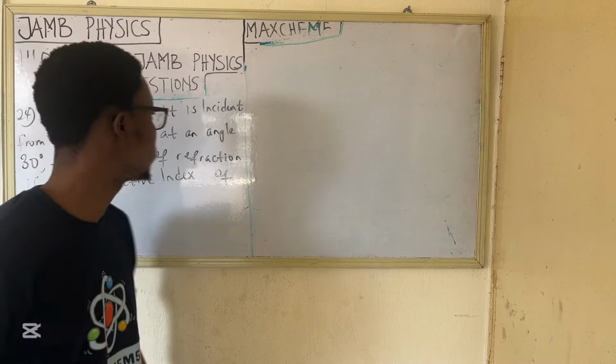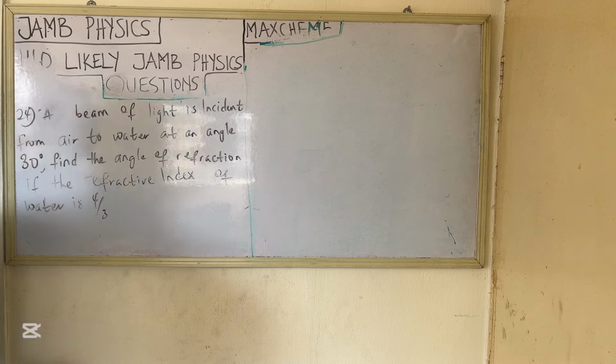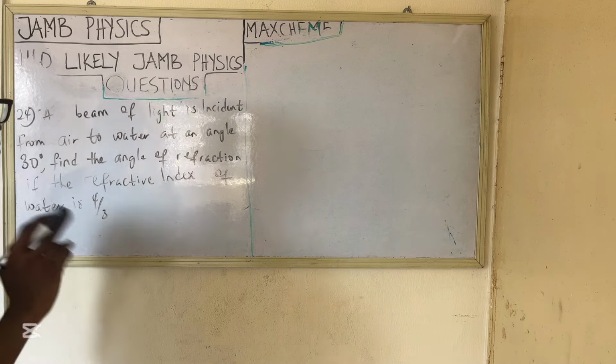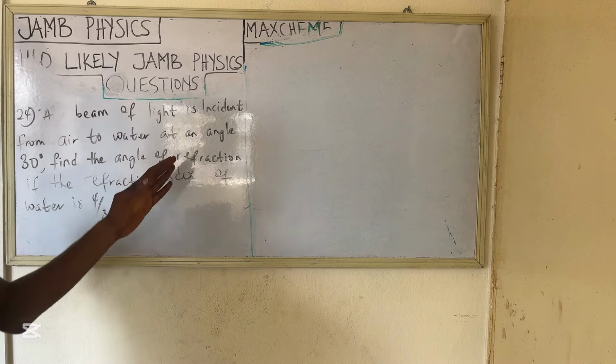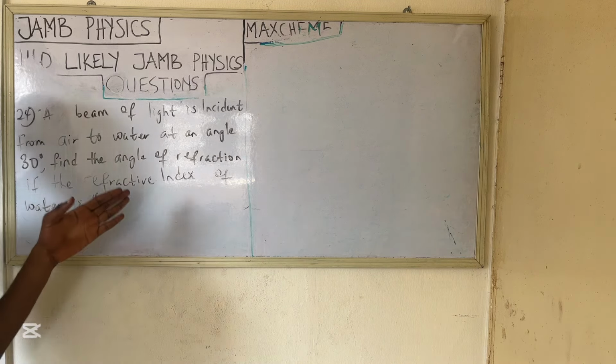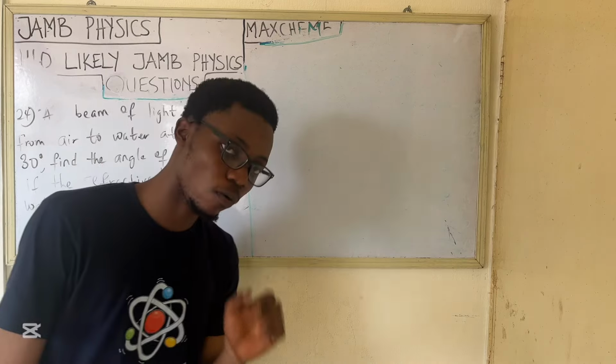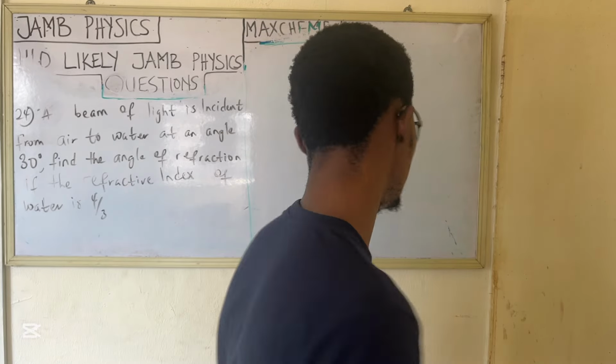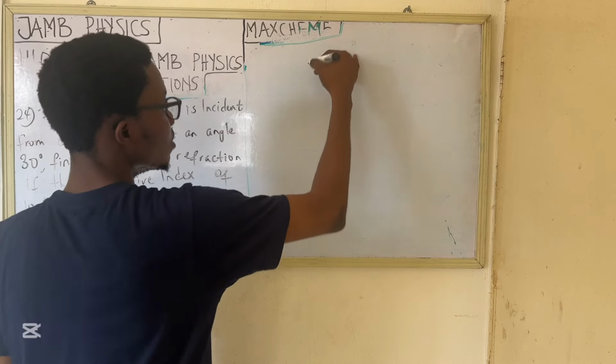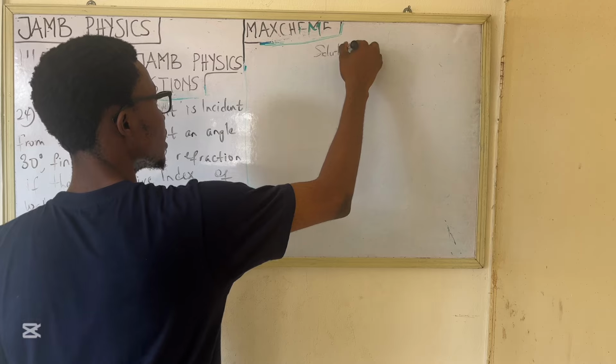Question 24. A beam of light is incident from air to water at an angle of 30 degrees. That's the angle of incidence. Find the angle of refraction if the refractive index of water is 4/3. Now in this case, if you can remember, how do you get refractive index?